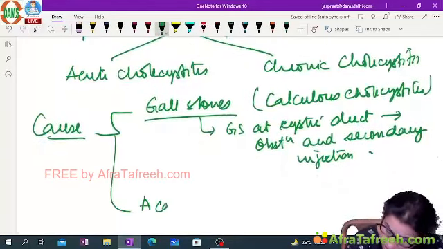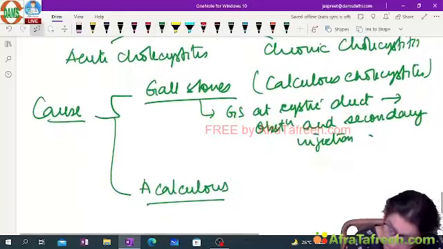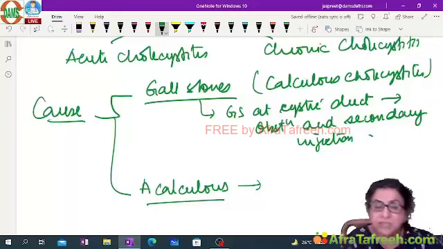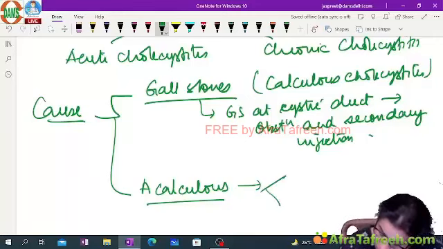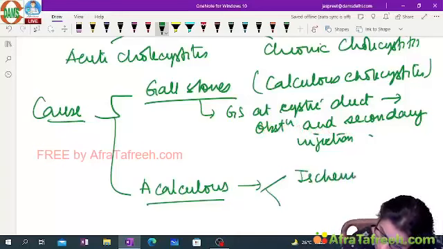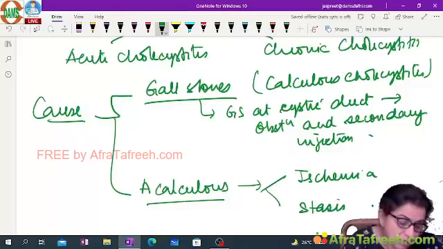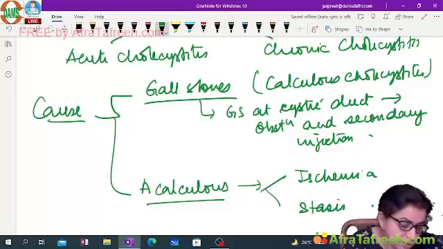Second is acalculous cholecystitis. Acalculous cholecystitis is when there is ischemia of the gallbladder or stasis in the gallbladder.